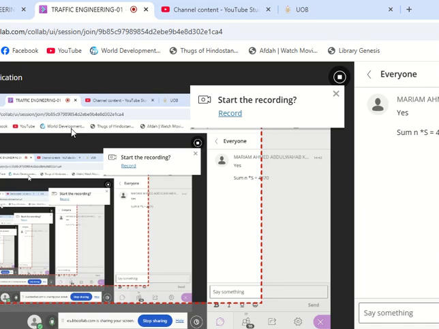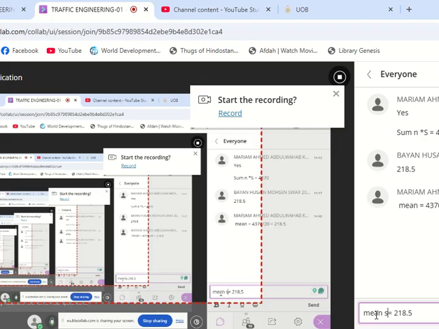So whatever it is, divided by 20. How much? This is my mean time now. So the mean speed will be: I have a 3-mile section, it is written with the graph, it's a 3-mile section.